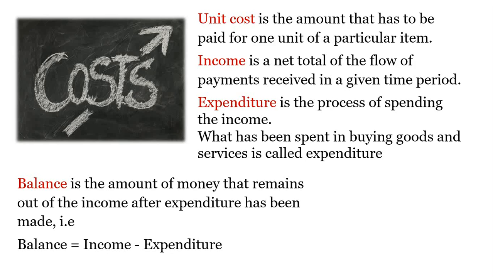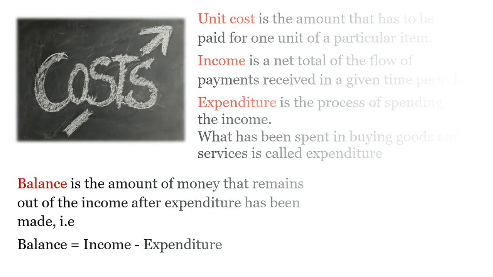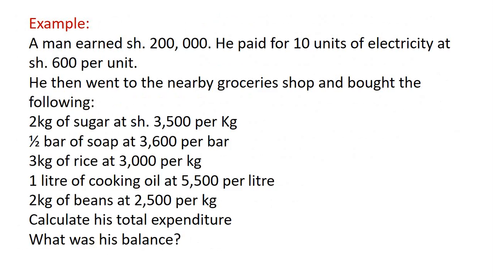Let's look at an example. Here we have a man who earned 200,000 shillings. He paid for 10 units of electricity at shillings 600 per unit.